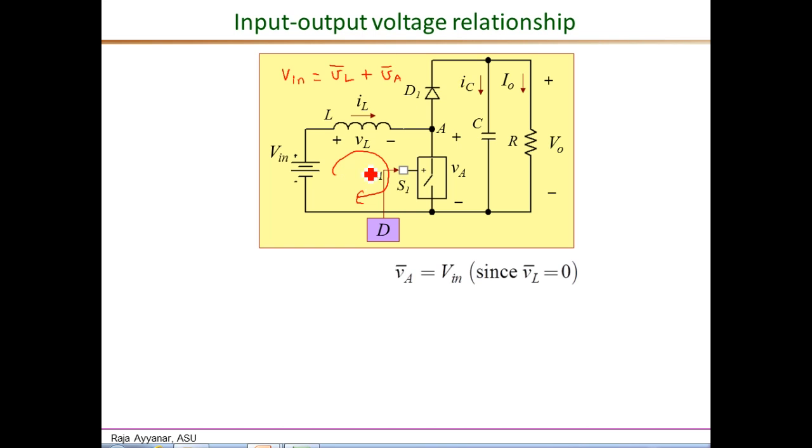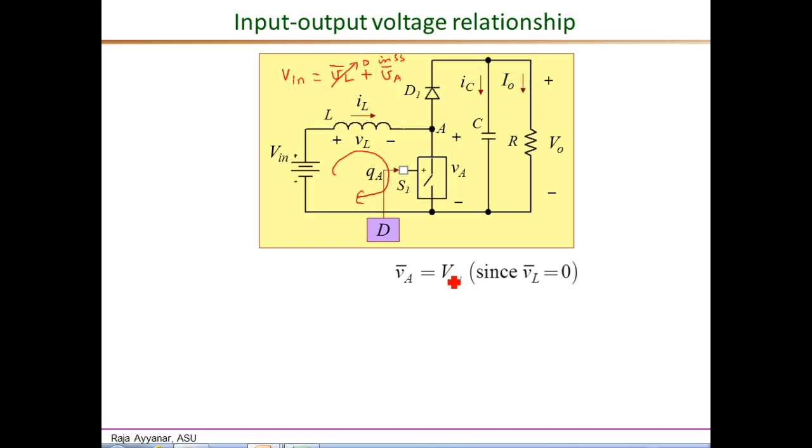So that is the average KVL around this input side loop. Now in DC steady state, the average voltage across the inductor VL bar is 0. Therefore we get this equation that VA bar, the average voltage of this pole A with respect to the ground, is equal to Vin in steady state.